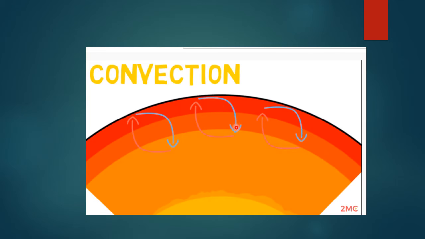That happens in a very slow manner. It's not that they drift apart very fast; it is very slow. We don't feel that our crust is moving. That explains the theory of tectonic plates, and because of this the continents have drifted. So I hope you have understood the theory of continental drift and the theory of plate tectonics.